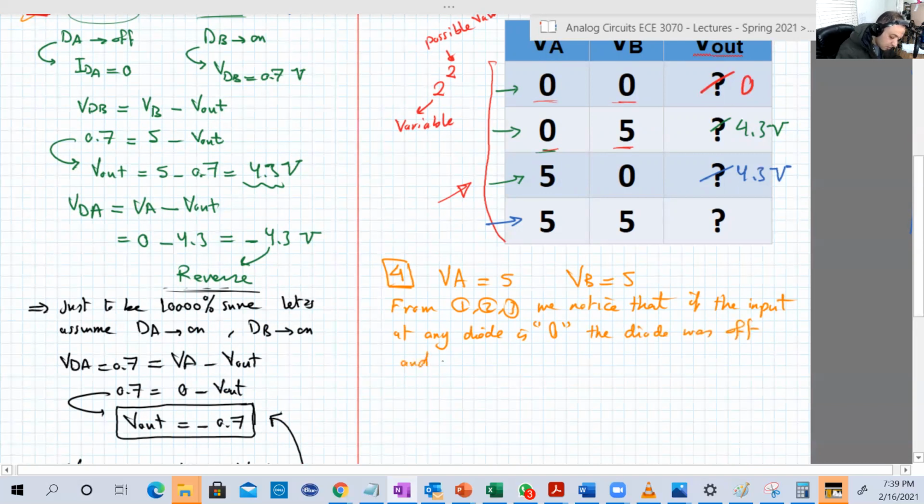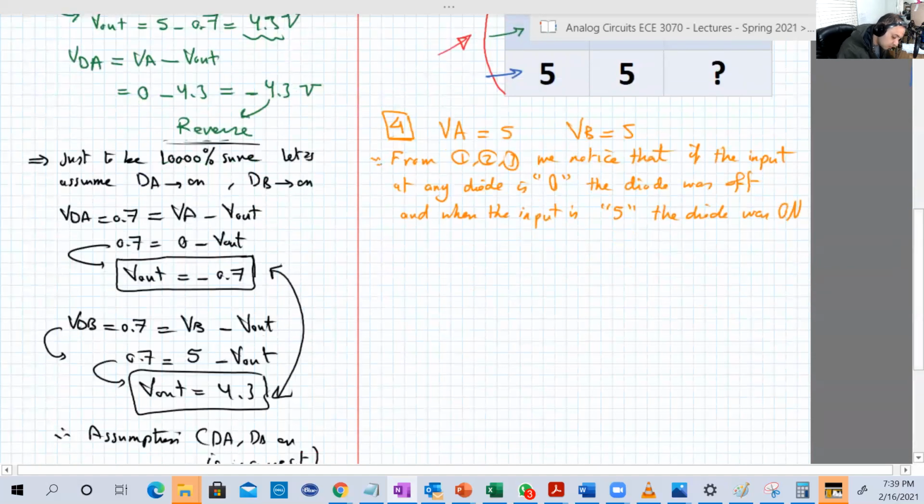And when the input is 5, the diode was on. And in our case here, VA and VB are 5. So let's assume that DA and DB are both on.